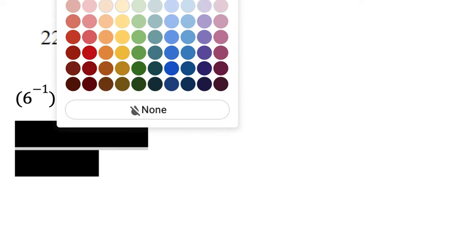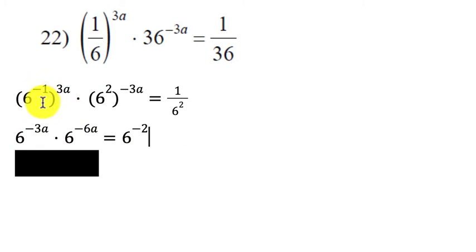So in our next line, we apply the power to a power rule. 6 to the minus 1 to the 3a is 6 to the minus 3a. That's multiplying the exponents. 6 squared to the negative 3a is going to be 6 to the negative 6a, multiplying the exponents. And then we write 1 over 6 squared as 6 to the minus 2. All right, now I have two 6's being multiplied. So same base, multiplication. The rule there from the other day in class is to add the exponents together.